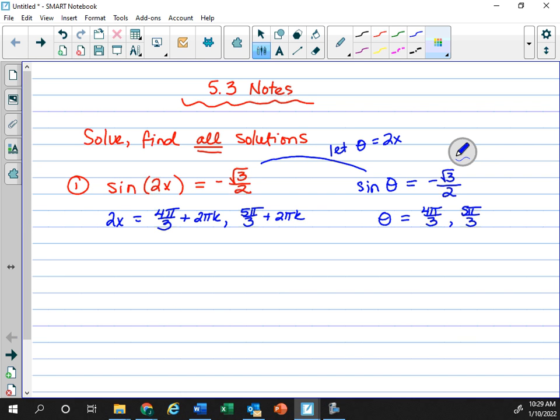We know one time around the circle's 2 pi, right? 2 pi k means go one time around the circle, 2 times, 3 times, 4 times. It gives you every answer if you kept going around the circle over and over and over. Okay, that's the notation when you see all solutions. So when the directions have this all in it, that means there will be a k in your answer.